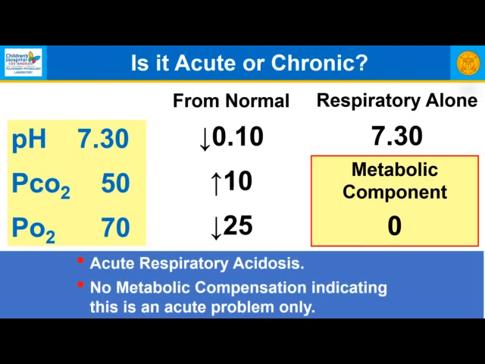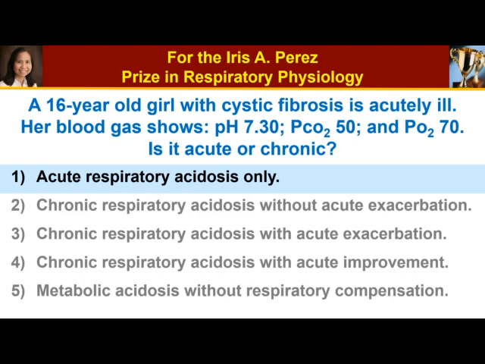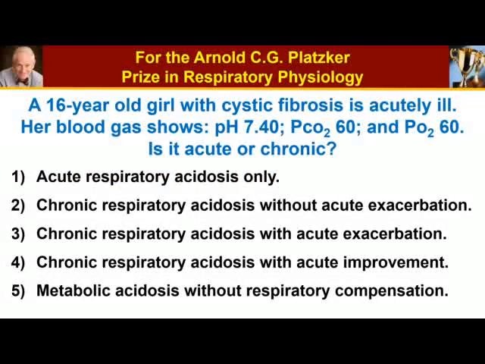Therefore, this is an acute problem. This is an acute change in this individual. And here's the answer: acute acidosis only. So if you saw this kid in the emergency room, you would have to be worried that this is an acute worsening.